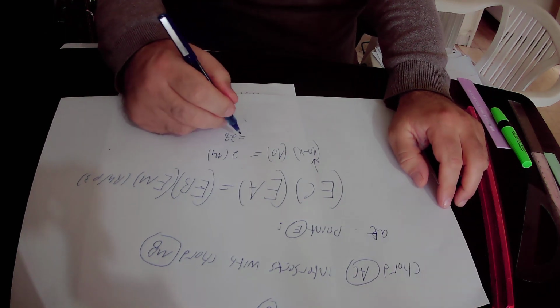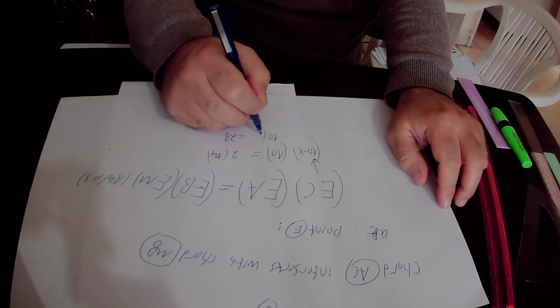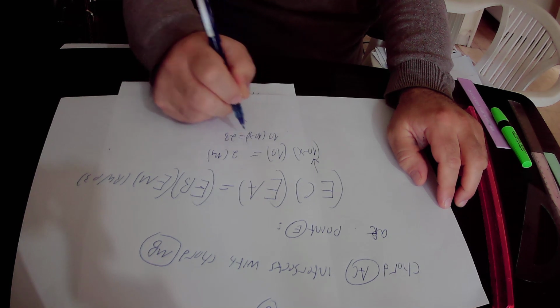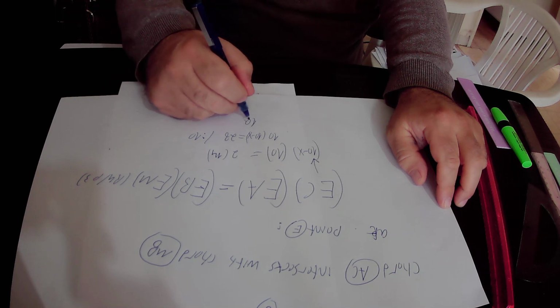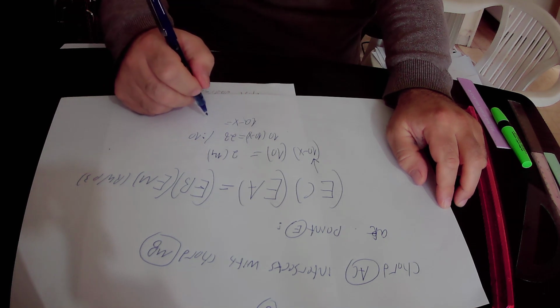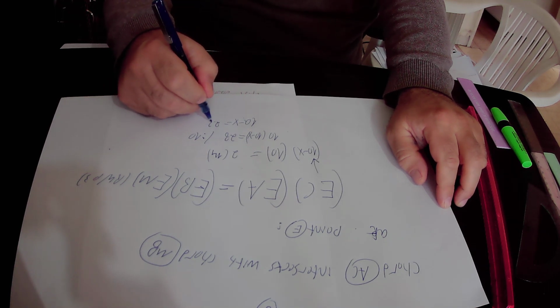So 28 equals 10 times (10 minus X). Here we divide this equation by 10, and we get that 10 minus x equals 28 over 10, which is 2.8.